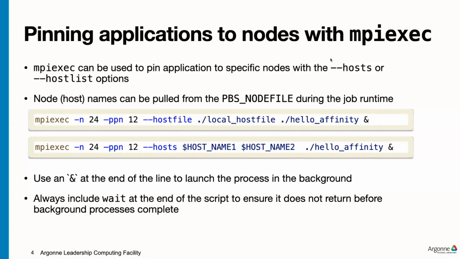You can also use an option called hosts, which you can just assign the node names in a space separated list if you wish. And here are two examples of these two different ways of doing this.